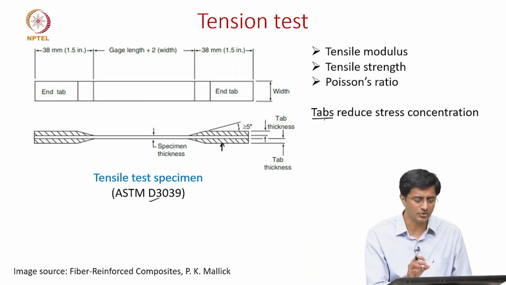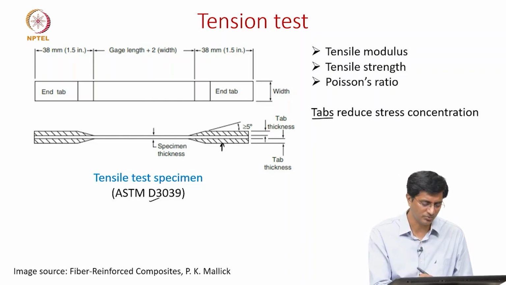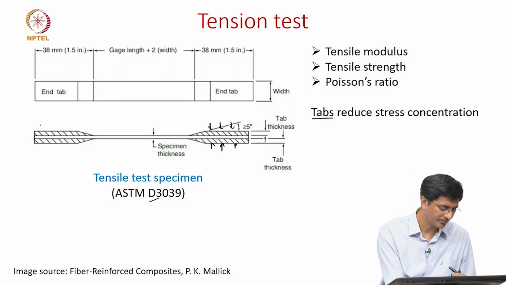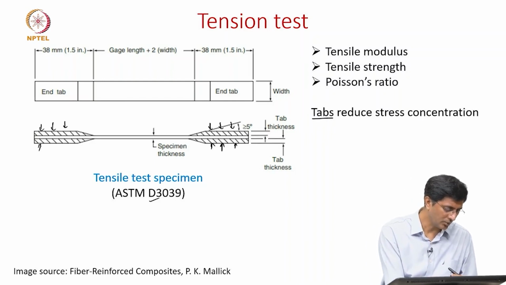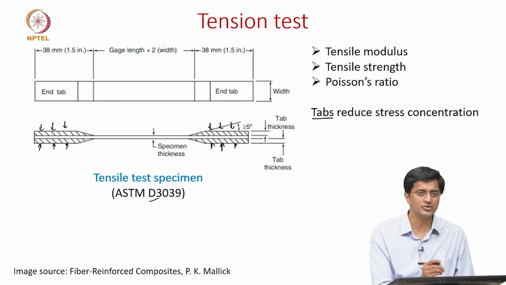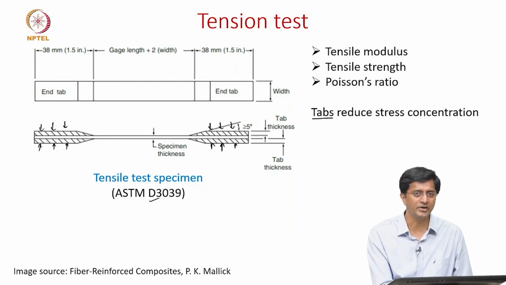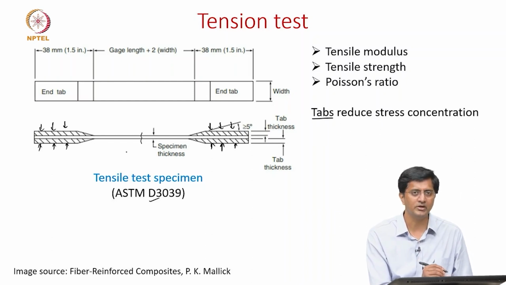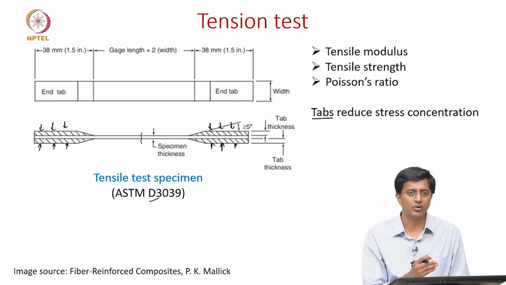These reduce the stress concentration at the gripping region, because here is the place where we grip the specimen to load it on both sides. By avoiding stress concentration at the gripping area, we ensure that the failure happens at the middle of the laminate. Ideally, we want the failure to occur close to the center of the laminate, so that the properties we measure are more reliable.